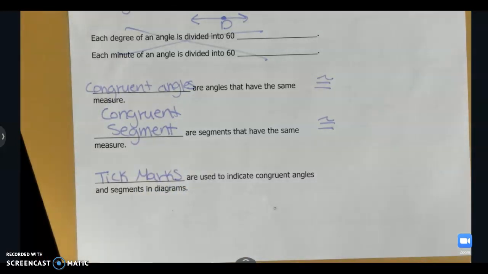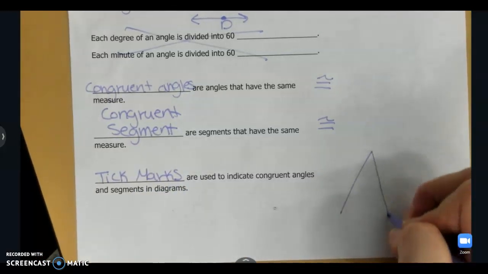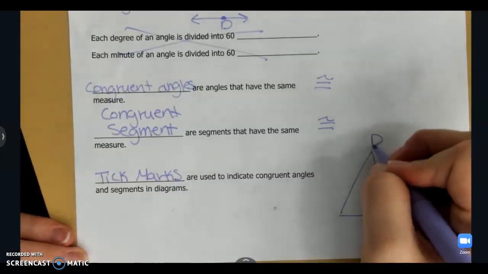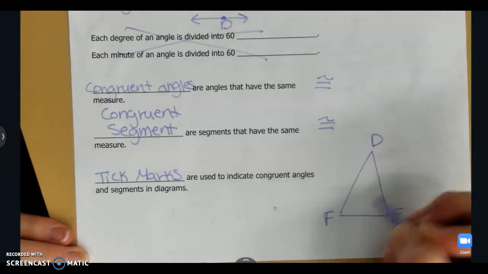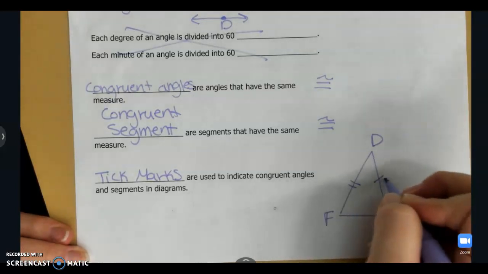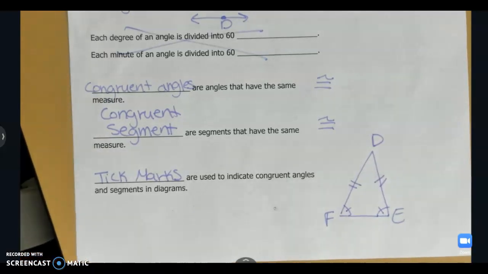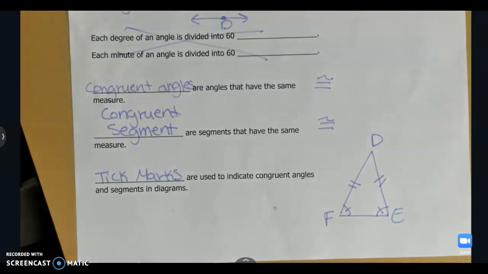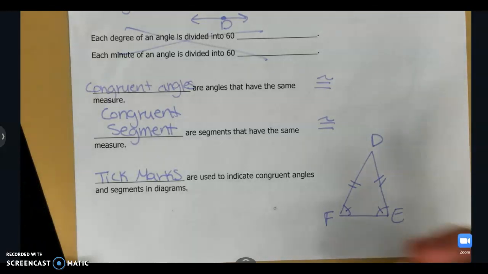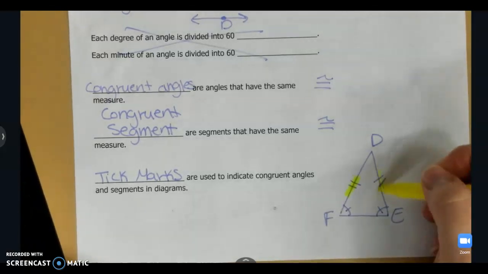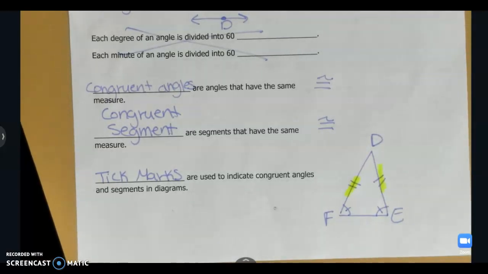So let's draw an example here. I've got this triangle, and I've got these tick marks. With tick marks, you need to match them. That's how you know what is congruent. In this particular diagram, I've got these two matching hash marks on these segments. So what is congruent to what here?